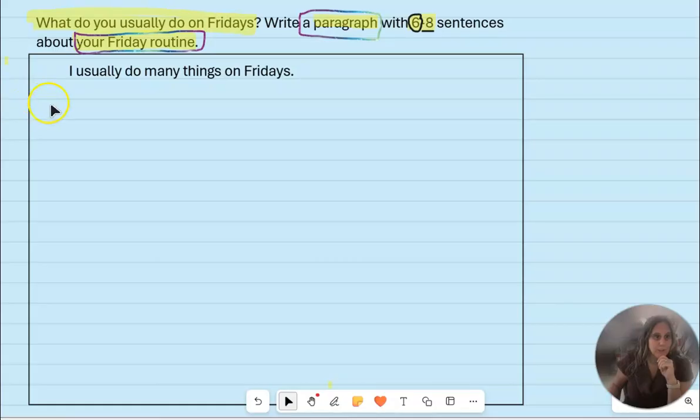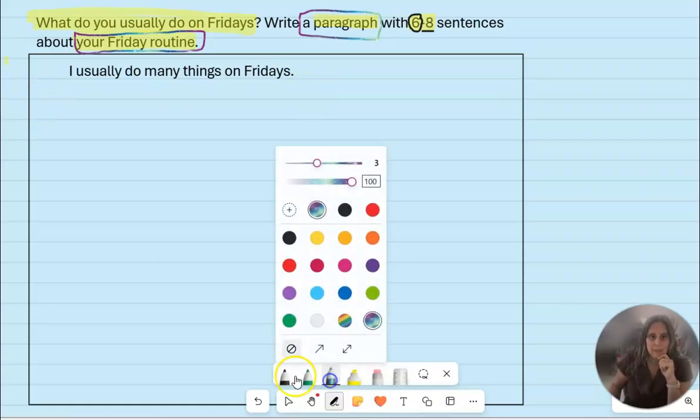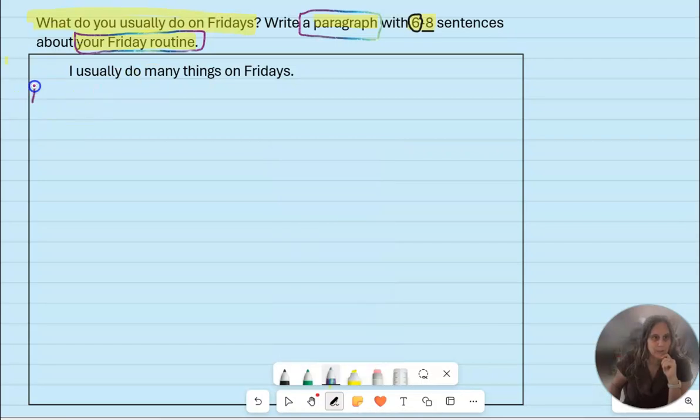So to continue, where do I write? If I'm writing a paragraph, where do I write next? Do I write right here and make all my sentences begin at the beginning of every line? No, I need to continue right here next to my first sentence.